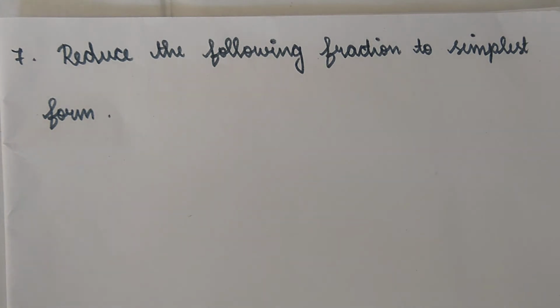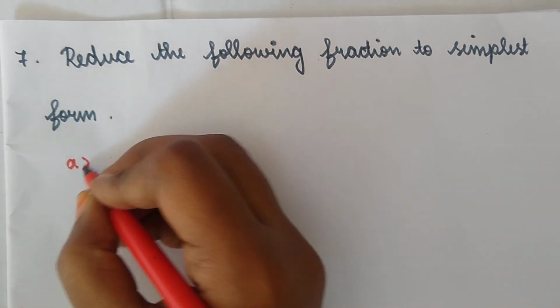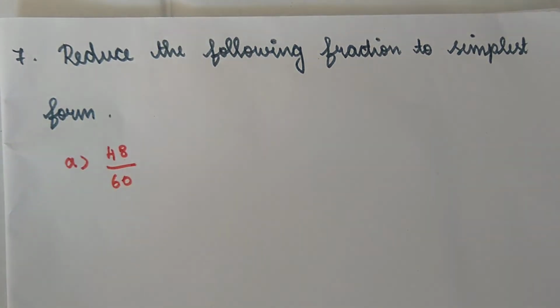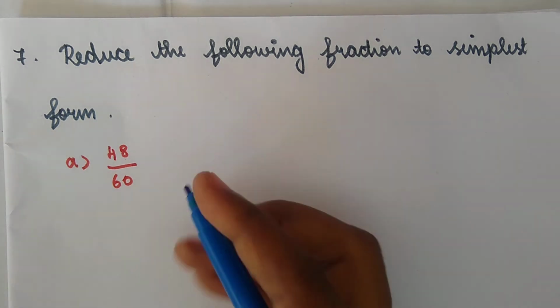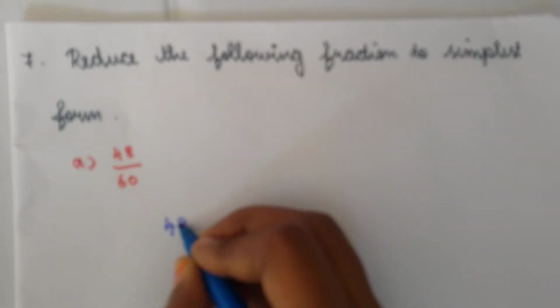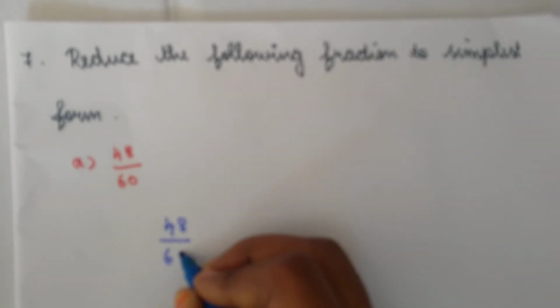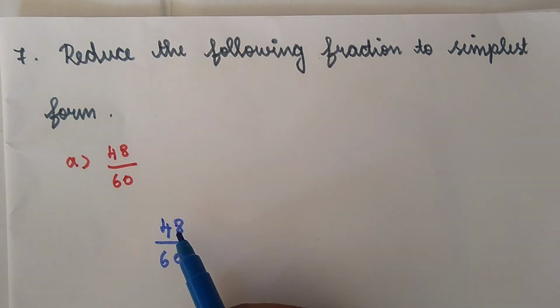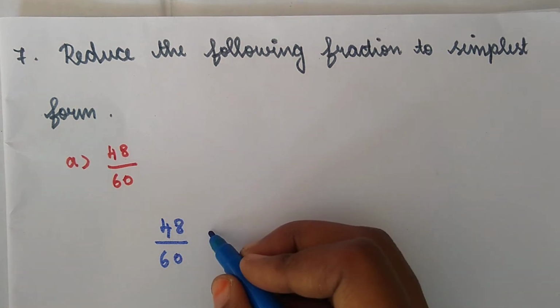Let's take the first subdivision, 48 by 60. We have to divide this. In this sum we have to find the factors of 48.